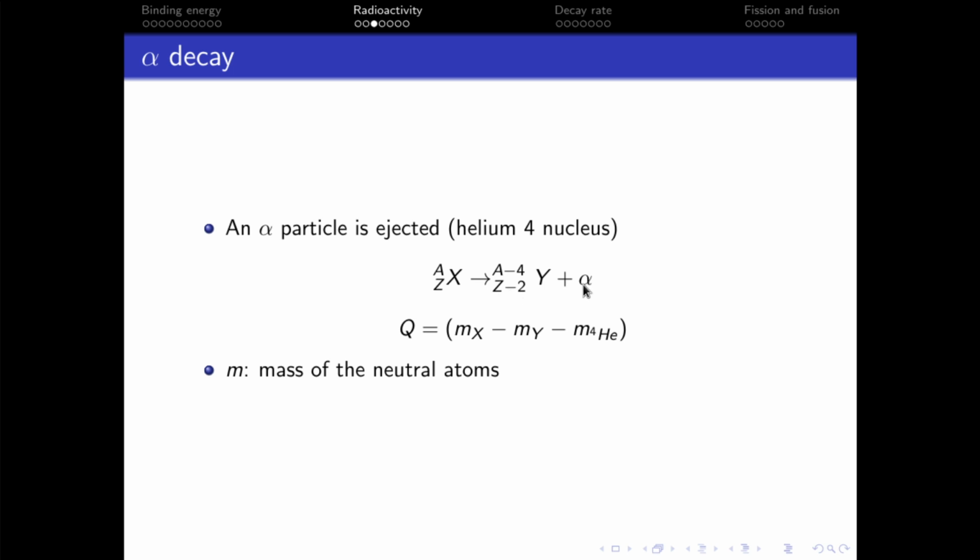Since we released an alpha particle which has 2 protons and 2 neutrons, this nucleus has 2 fewer protons than what we started with. So if I write the initial one as having Z protons, this one has Z minus 2. And a helium-4 nucleus has a total of 4 nucleons, 2 protons and 2 neutrons.